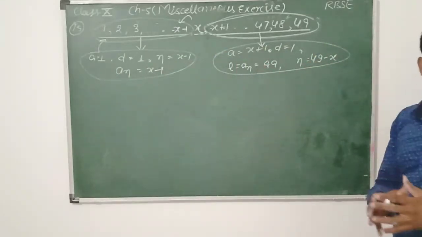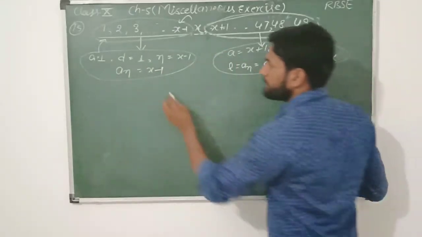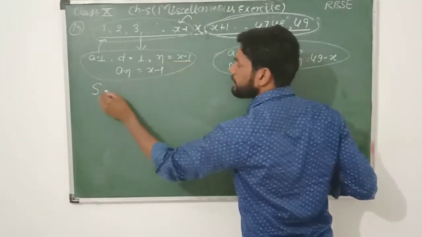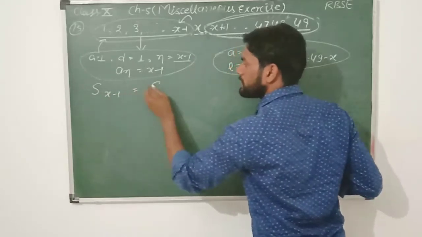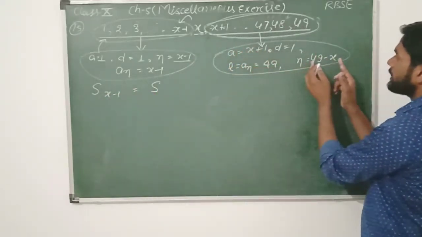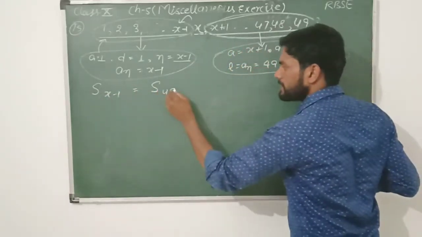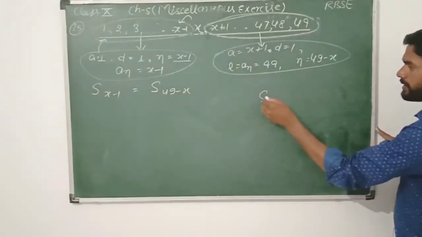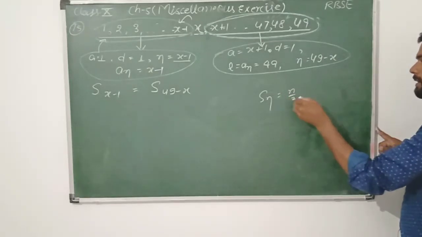Okay student, the sum of this one and this one, both values are equal to each other. It means the sum with n as x minus 1 is equal to the sum Sn with n as 49 minus x. Now apply the formula for both cases.